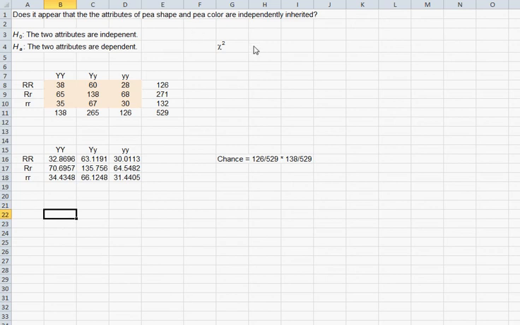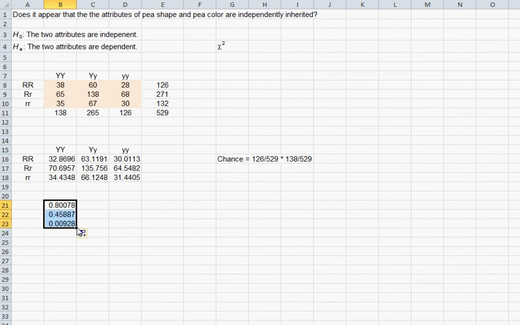Next, I figure out what this chi-squared statistic is. To get the chi-squared statistic, I proceed as before. It's going to be the observed minus the expected that goes with it, squared, divided by the expected. A technical point: we want to make sure that all of the expecteds are at least equal to 5 for this little trick to work. So there's the term for that one upper left-hand corner.